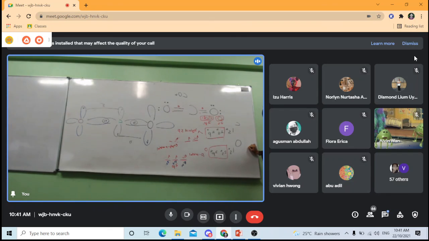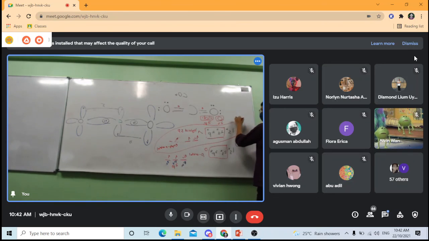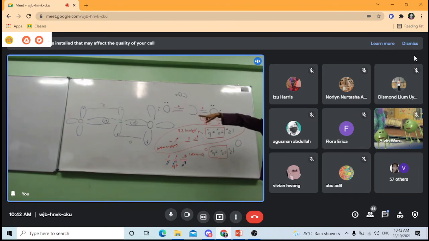So this one nanti saya akan get back dalam Discord, saya akan hantar balik. So I'll make a drawing dan hantar balik on this part. Okay. So this one salah tepat. But the other one is correct.